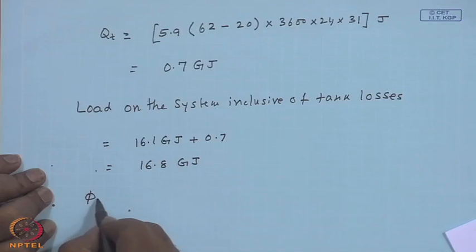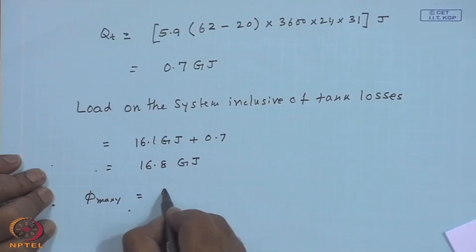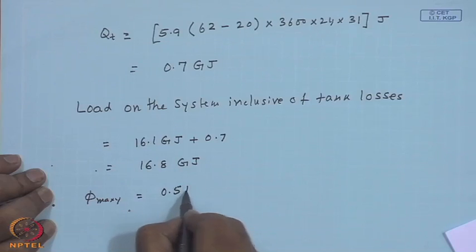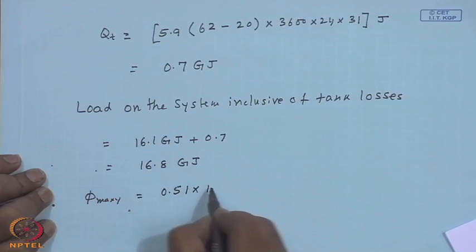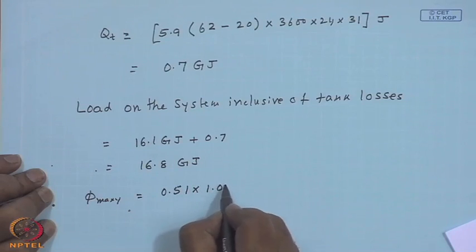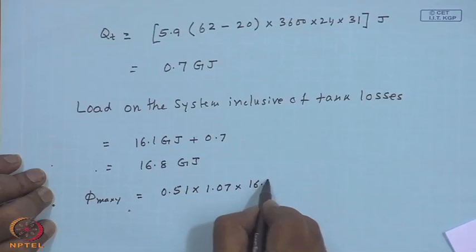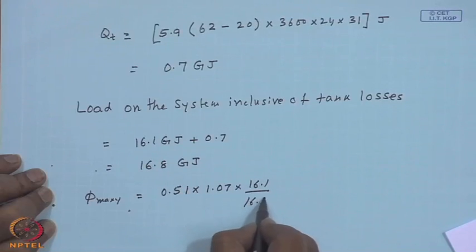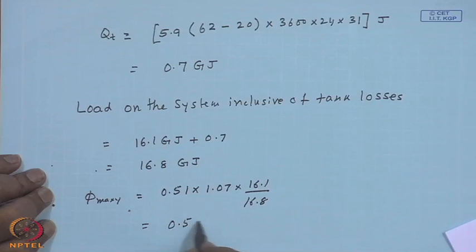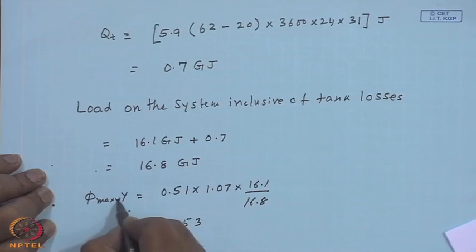Now, my phi bar max y is proportional to this: original 1.07 times 16.1 by 16.8, which is 0.53. Phi bar max y, not subscript.